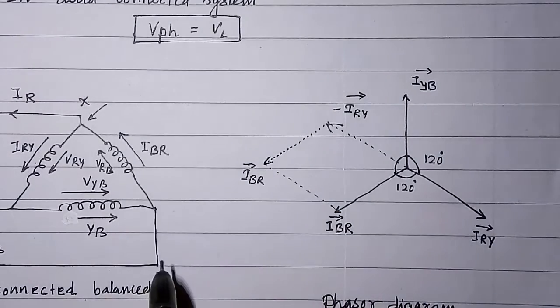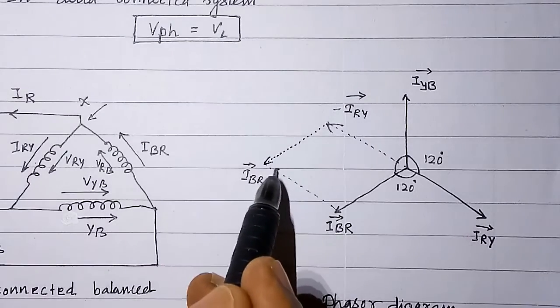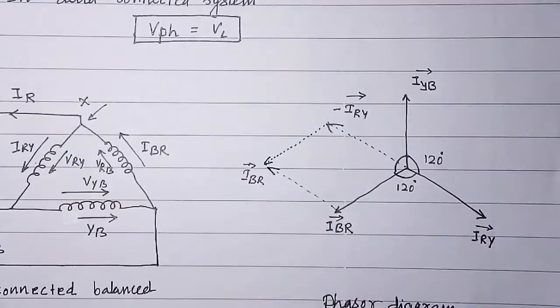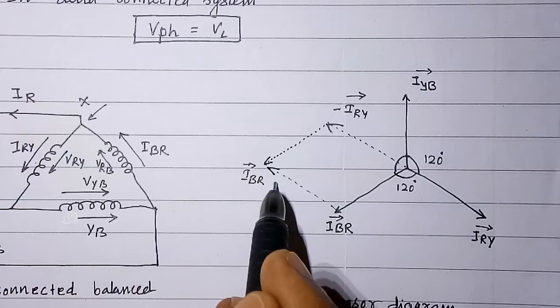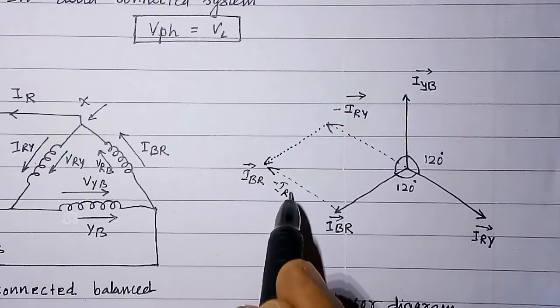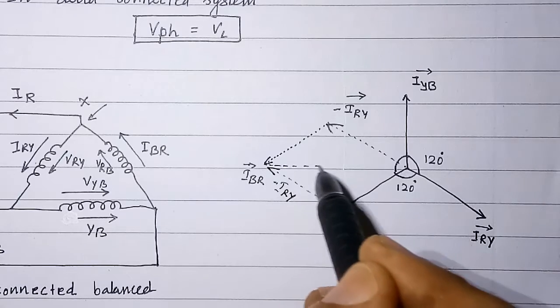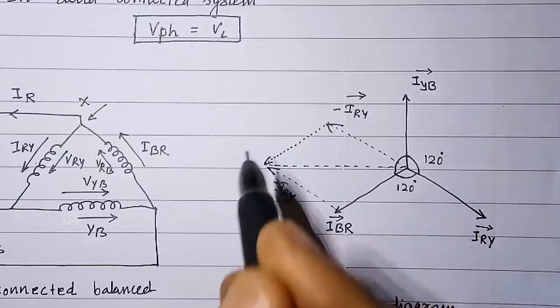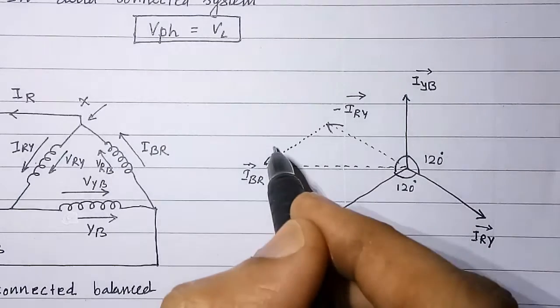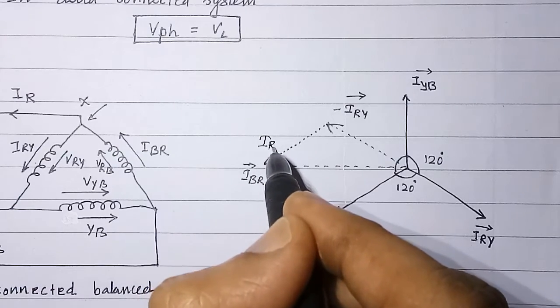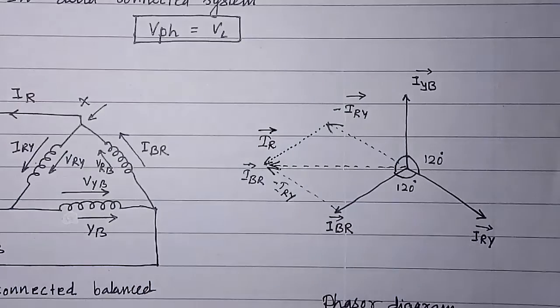This is IBR and this is equal to IRY with negative sign. If I get the diagonal, then that diagonal will be equal to line current IR.